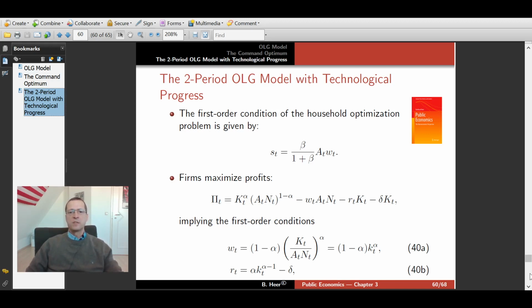Firms maximize profits, and profits are production with the help of capital K and effective labor A_t N_t, minus wage costs, w_t A_t N_t, minus interest costs r_t K_t, minus depreciation delta K_t. So therefore, we get that the wage per efficiency unit w_t is just the marginal product of effective labor, A_t N_t.